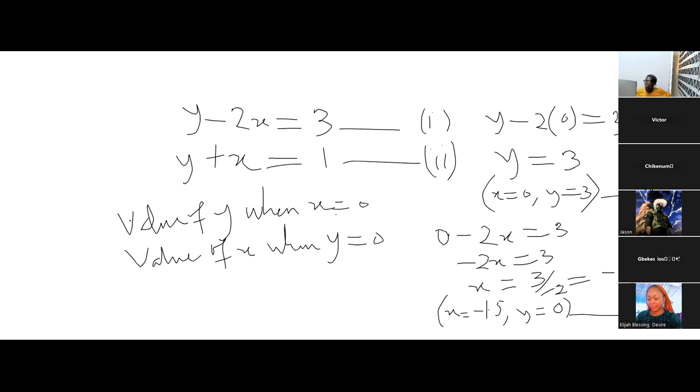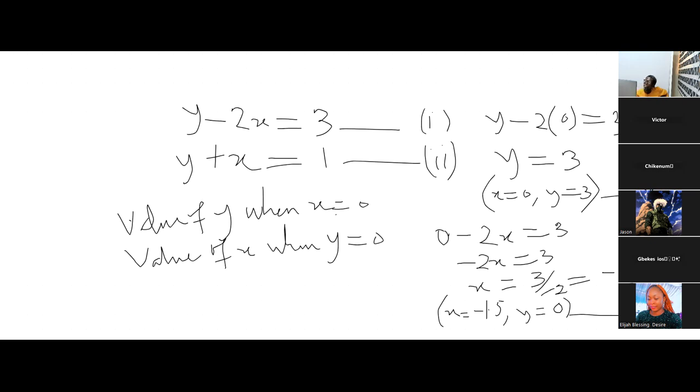When you want to plot your graph on your x and y axes, first look for the coordinate where the value of x is 0 and the value of y is 3. You note that point. Where x is minus 1.5 and y is 0, you note that too, then put a straight line to join the two coordinates together.